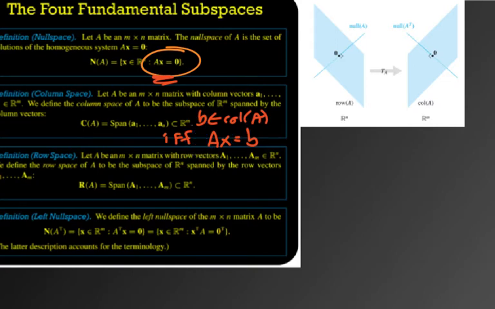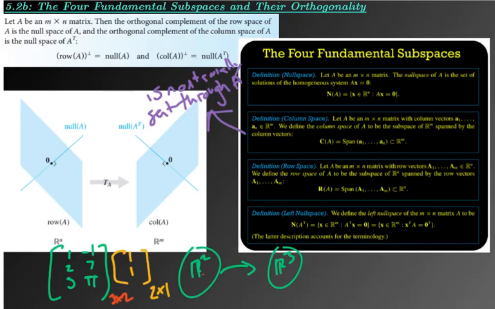if we have some 3 by 2 matrix again, like what was the 3 by 2 I had over here? 1, 2, 3, and then -1, 7, pi.